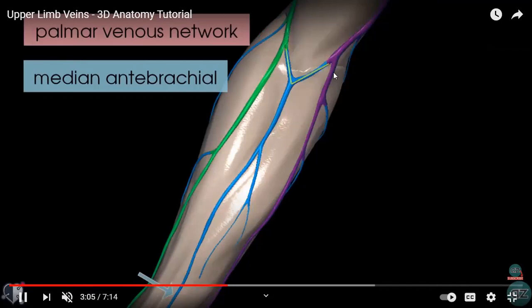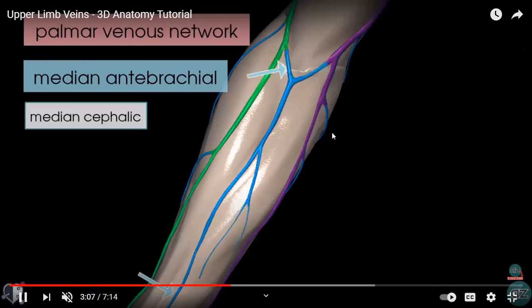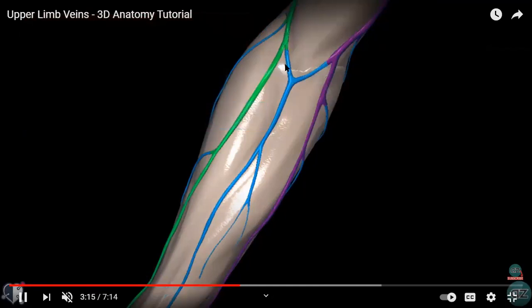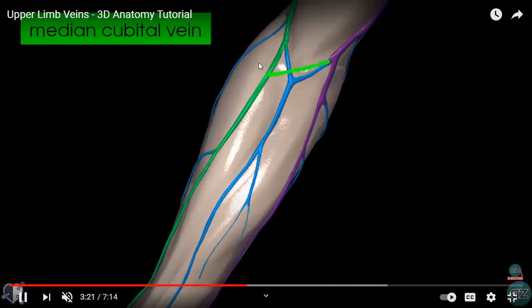So this is the median cephalic branch and the median basilic branch. This is on the medial side and this is on the lateral side.